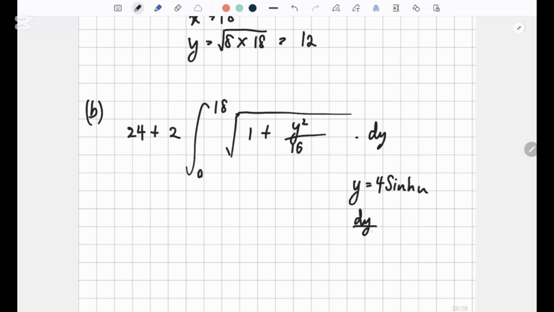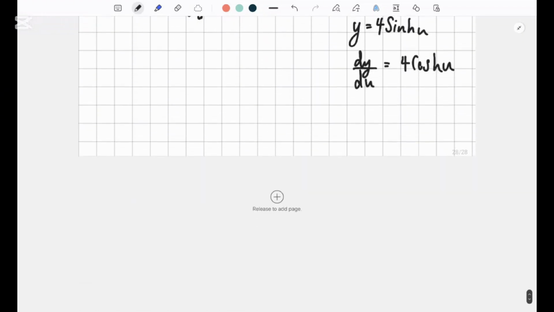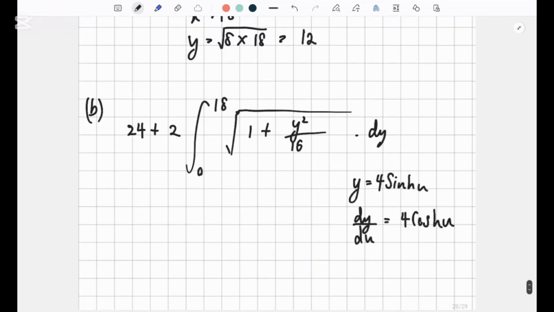So dy over du, we differentiate this, gives you 4 cosh u. The differentiation of sinh u is cosh u. These are hyperbolic functions, no big deal, nothing to worry about.